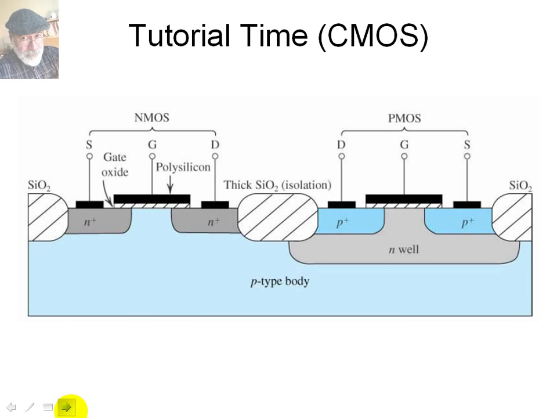Let's introduce another combined device that is very popular in computer applications, a complementary MOS pair of transistors. The C comes from complementary. We have 2 transistors manufactured side by side on the same substrate.